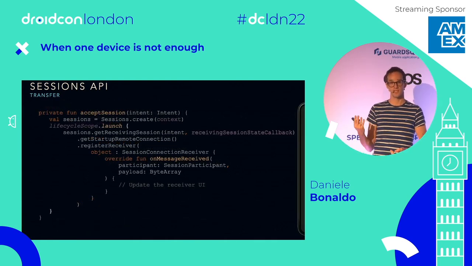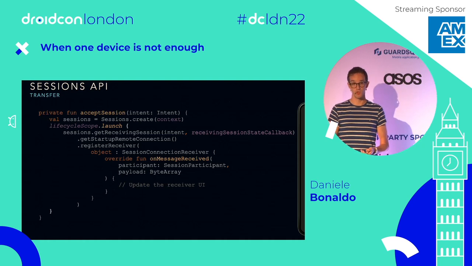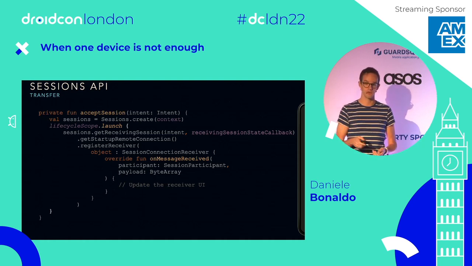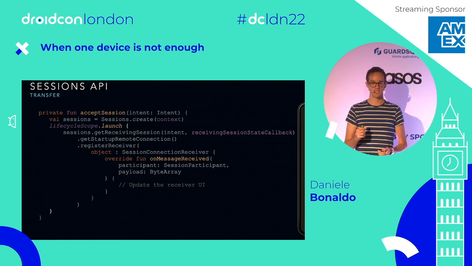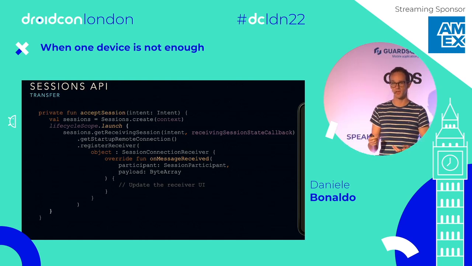On the receiving device, again, we are going to receive a new intent. But in this case, we are going to use the sessions API instead of the discovery one. And here we can get a receiving session, and from that one, we are going to have a connection. By registering a receiver, we are going to have a callback when we receive a new message.